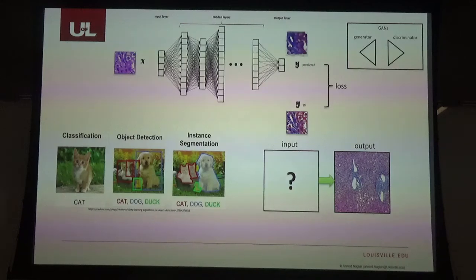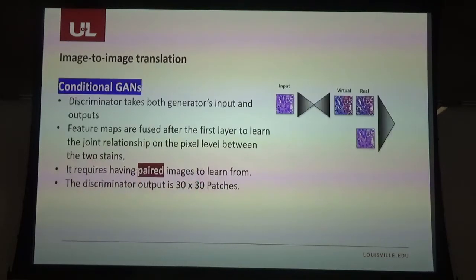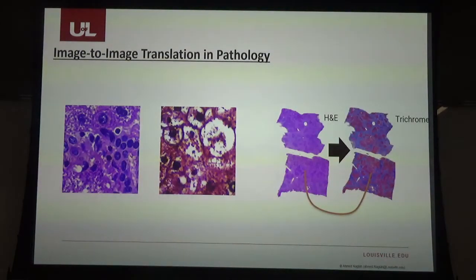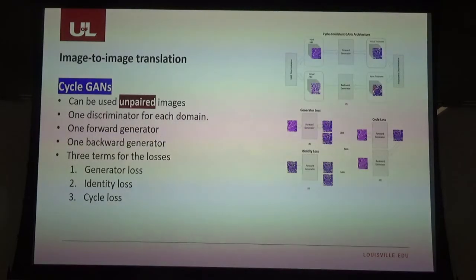So this loss or the discriminator should have a ground truth for the expected image that this generator will produce. In the case of unpaired images, we don't have that expectation for the discriminator to learn from. So what we can do here is do it in a cyclic way.